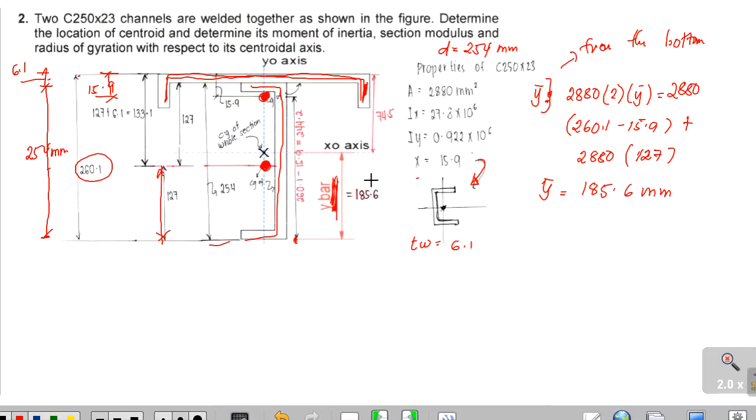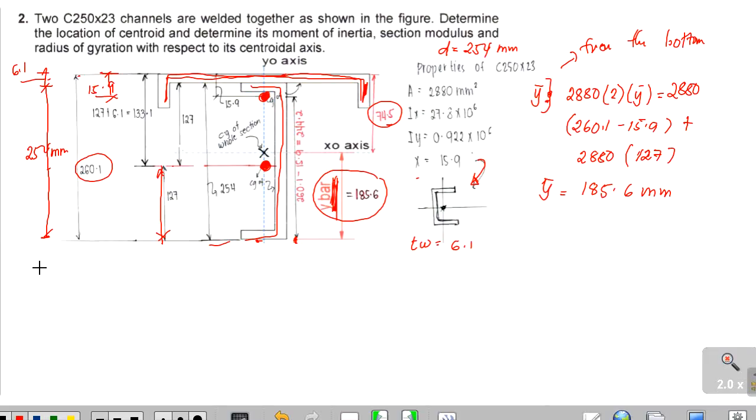So I have now my location of the centroid from the bottom. If you take your distance from the top, the value will be different. If you take the location from the top, your y bar should be equal to 74.5. So we have now the location of the centroid.